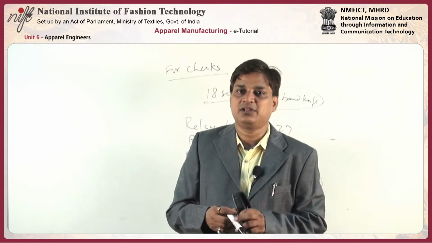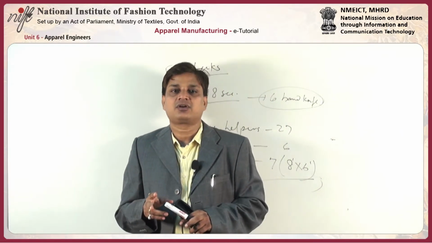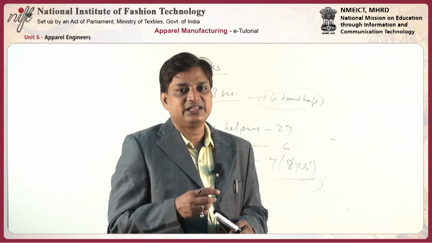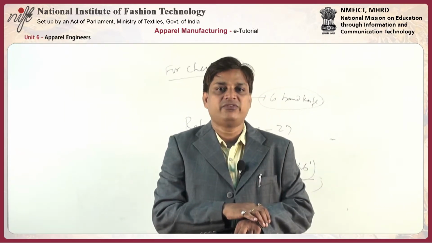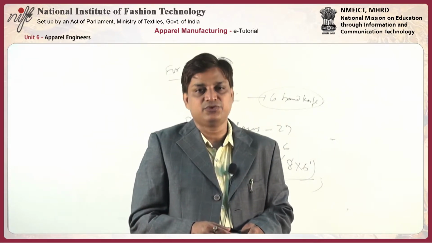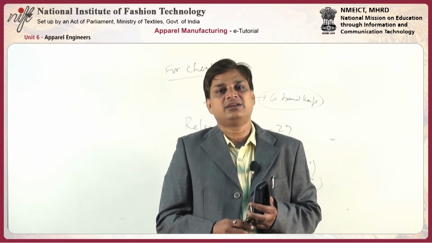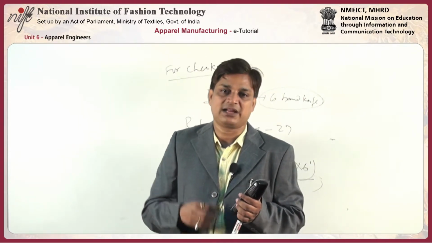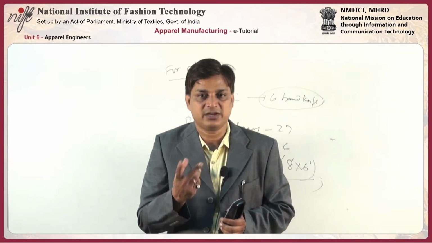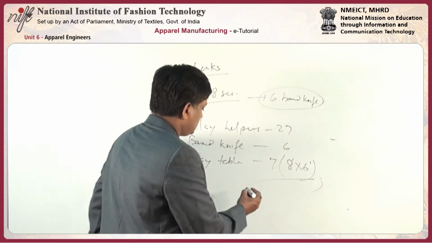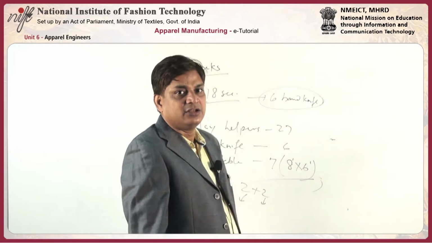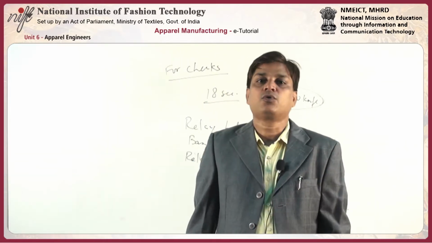We are planning to have large bed fusing machines, 2 for collar, cuff, flap and collar band, because these are the areas where fusing will be required. And 2 roller fusing machines for the front placket, because the placket also requires fusing.